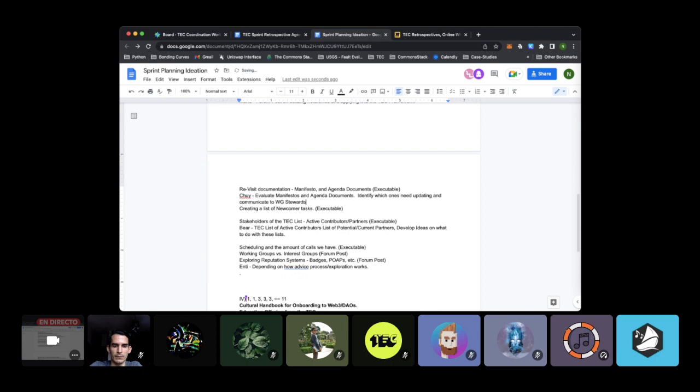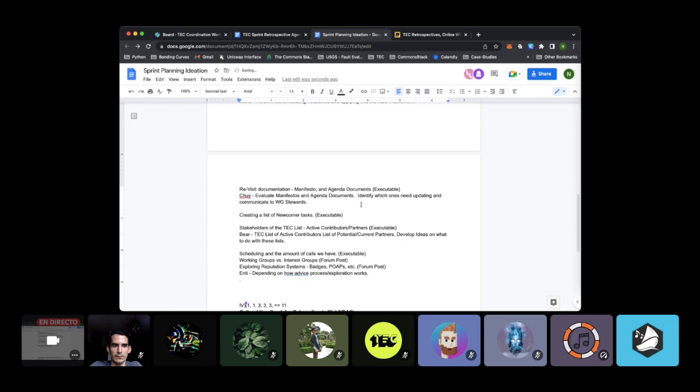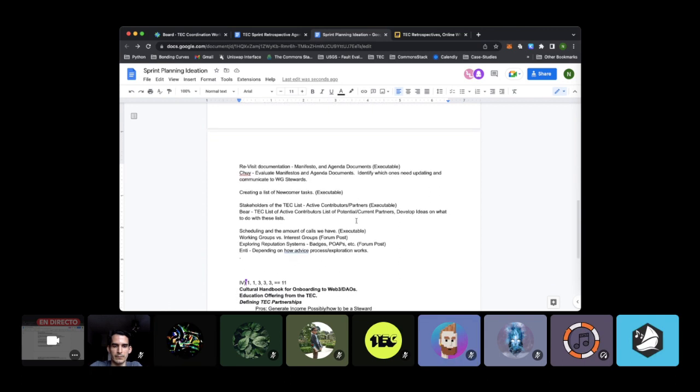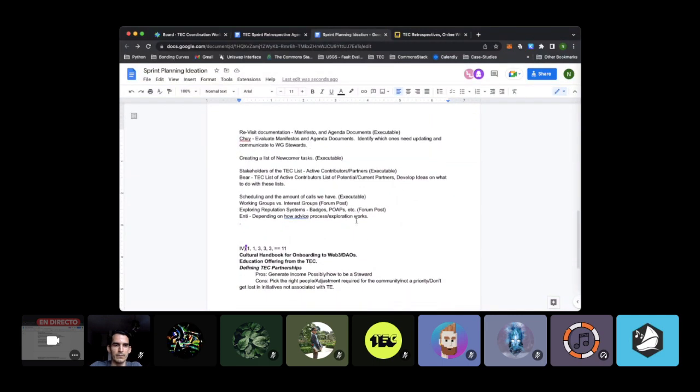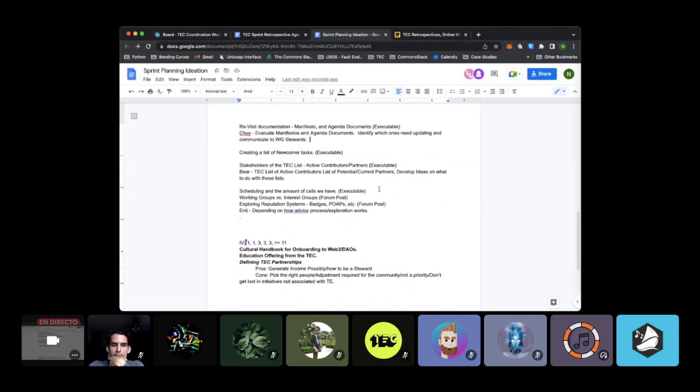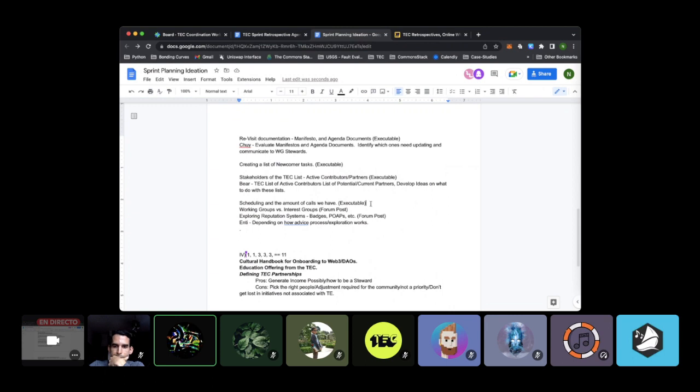Is that an accurate task right there? Evaluate manifestos and agenda documents, identify which ones need updating, and communicate to working group stewards. Yes. Okay, cool. Okay, and then I'm going to do the scheduling, the amount of calls we have.